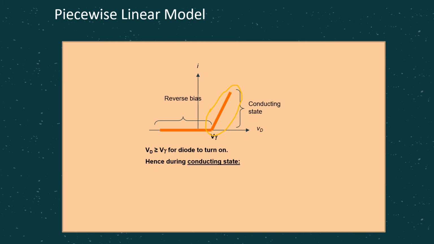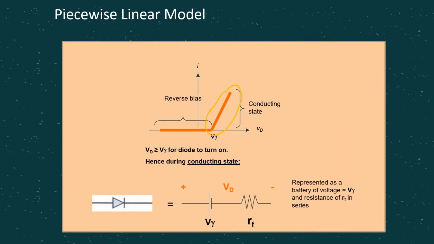Then this IV characteristic can be represented by this model, where when the diode is forward biased, in the circuit we can represent that diode with a V gamma, but in series to the V gamma, we have a resistor with a value of RF. This is how we represent the diode for the third model, the piecewise linear model, where we have V gamma as well as RF.